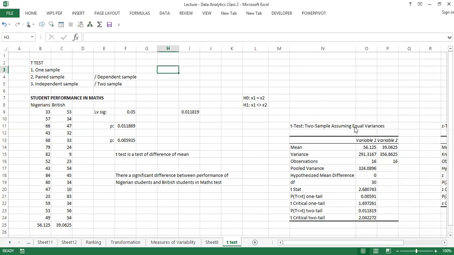We'll continue the one-tailed test shortly.